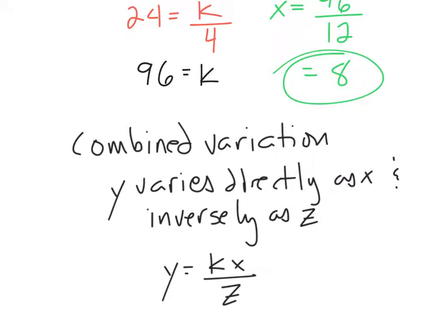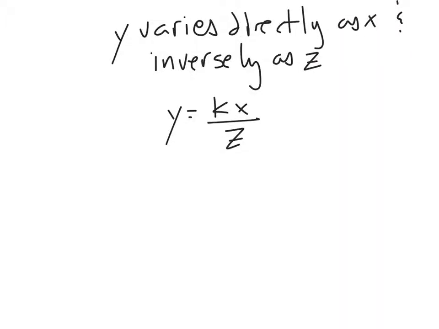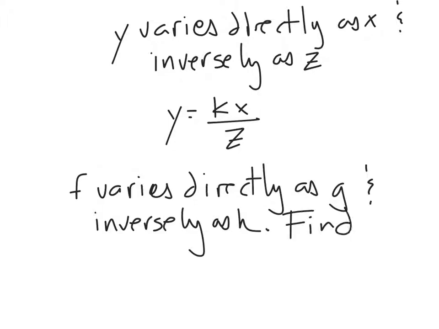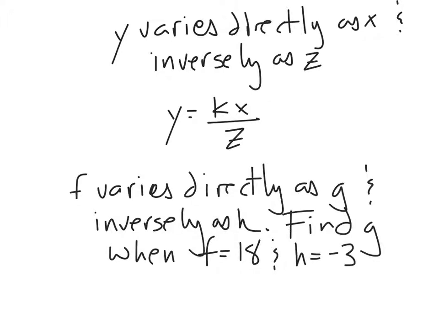Okay, here we go. So let's go with the problem. F varies directly as G and inversely as H. I need you to find G when F equals 18 and H is equal to -3.